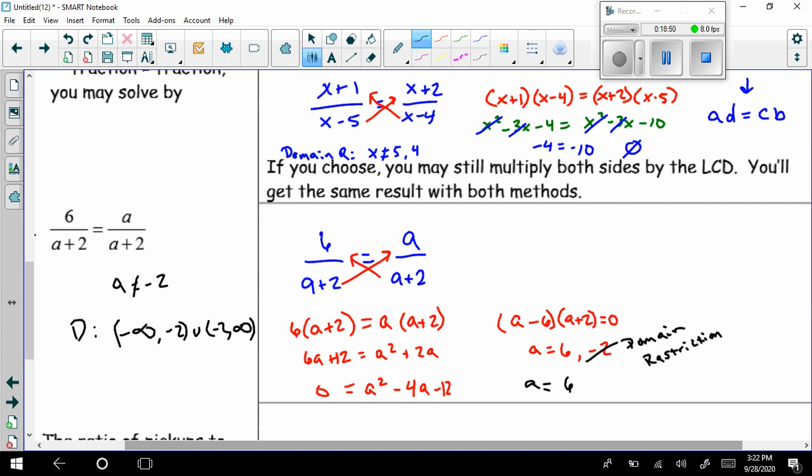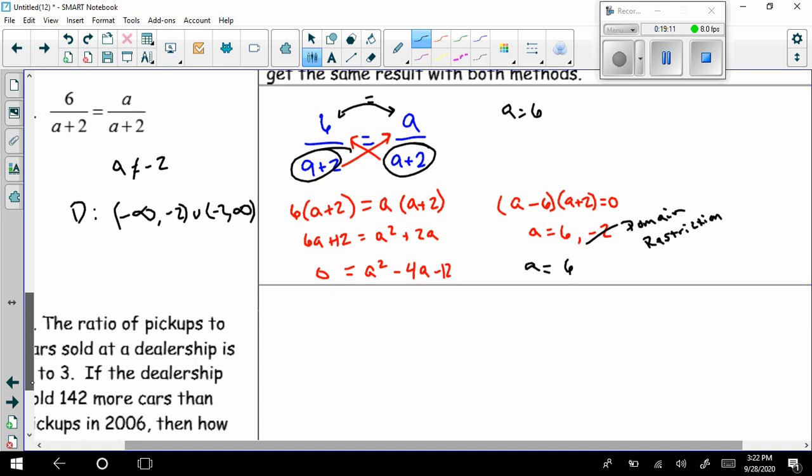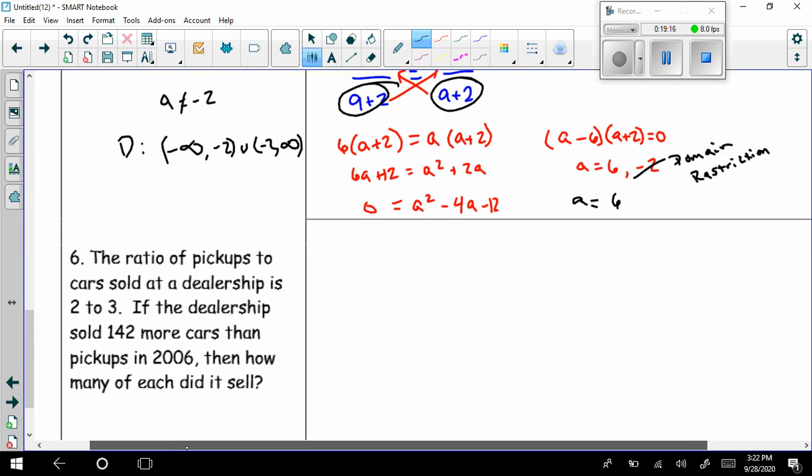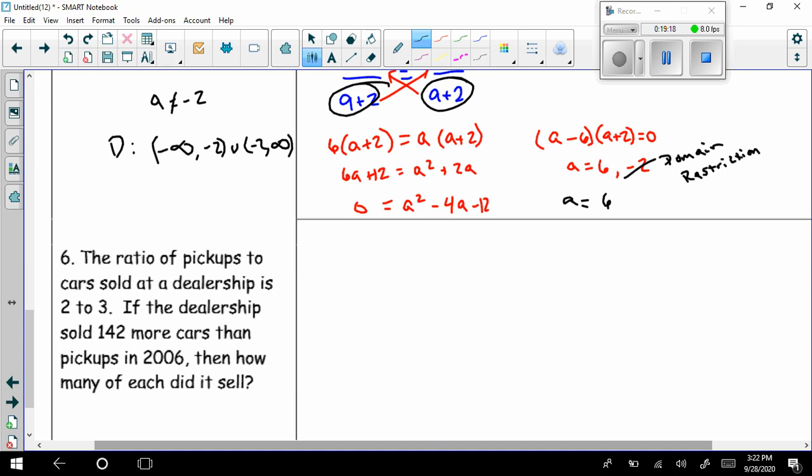Now, jumping all the way back up here, you could have avoided all that work by saying, okay, well, if I have two fractions that have equal denominators, then the numerators also must be equal. All right, so right away, a is equal to 6. All right, I would go ahead and solve it out just in case the second answer isn't a restriction, but just be aware that that automatically gives you one of your answers.